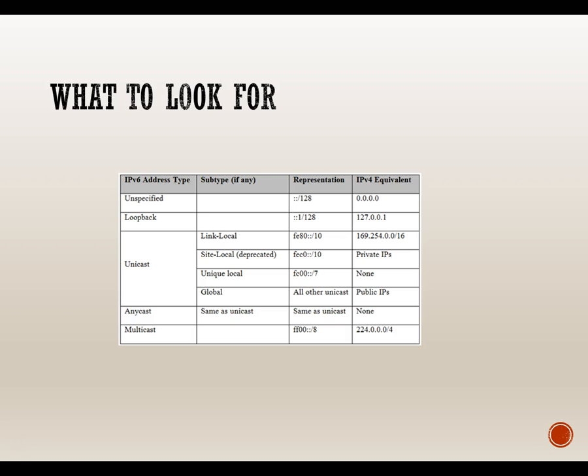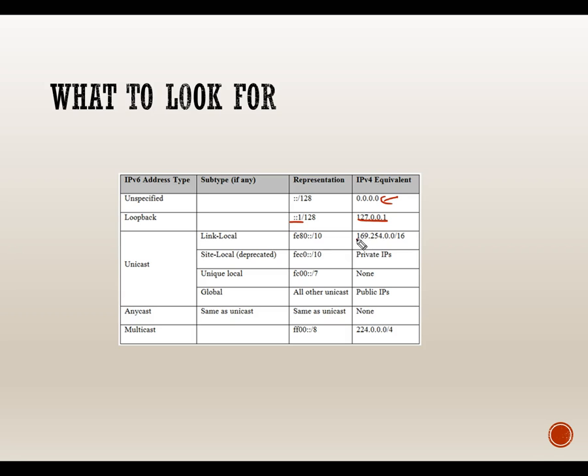What to look for: IPv6 and the IPv4 equivalent. Unspecified is ::/128, which is all zeros, the IPv4 equivalent of 0.0.0.0, which is any IP. The loopback address is ::1, equivalent to 127.0.0.1.